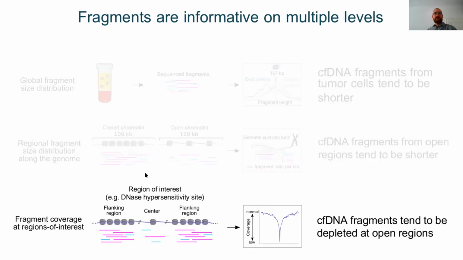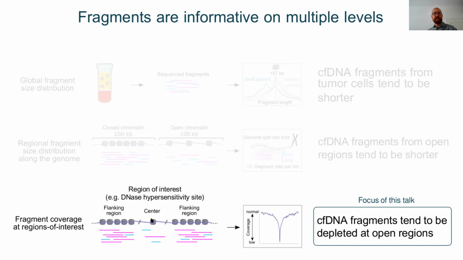And finally, and this is going to be the focus of my talk today, we looked at the fragment coverage at regions of interest. So what we found is that at regions of interest, or regulatory regions, such as DNase hypersensitivity sites, there are fewer nucleosomes protecting the DNA from fragmentation if the source cell of the cell-free DNA is epigenetically active at these regions.